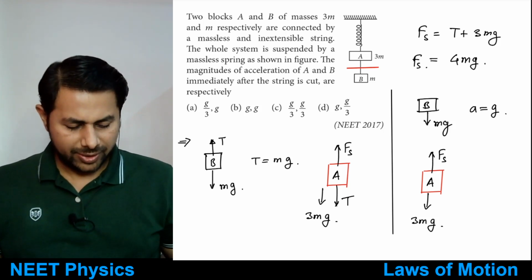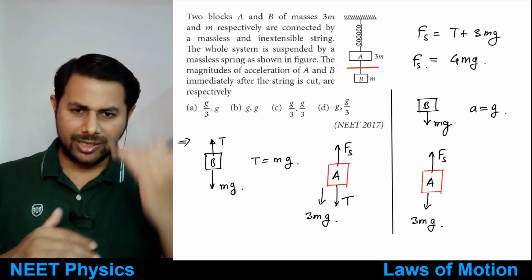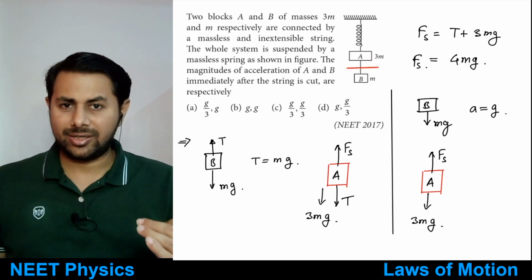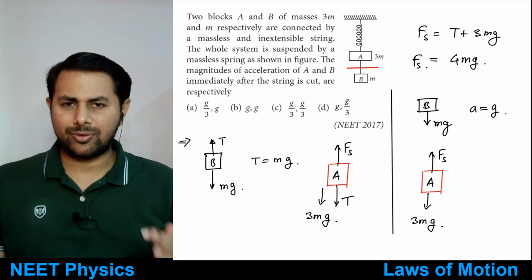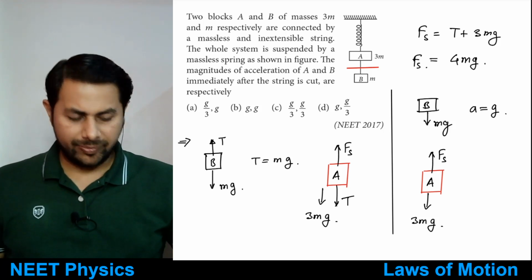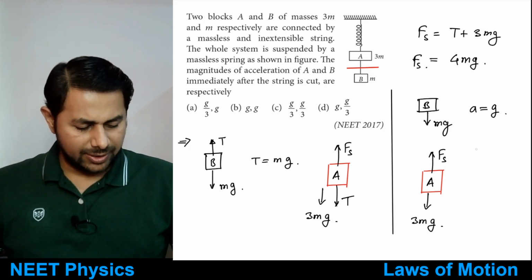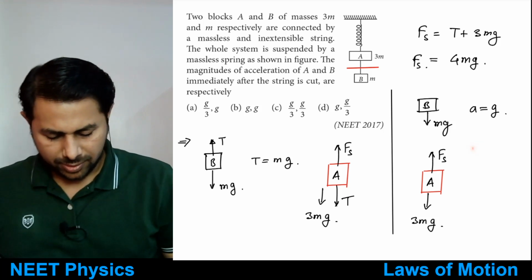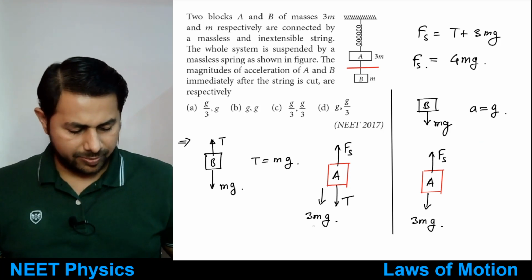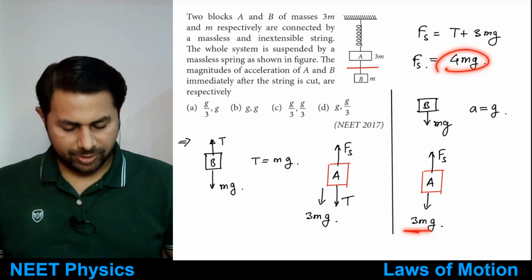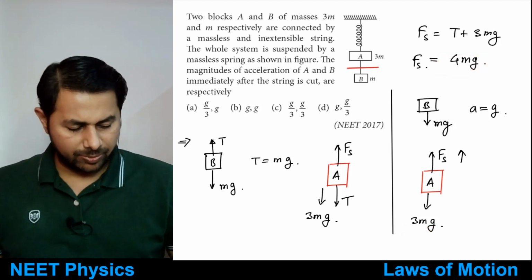So when you cut the string, the displacement in the spring doesn't change immediately, and therefore the spring force will remain the same. Fs is greater compared to this, because Fs is equal to 4 mg, and therefore there is net force upwards.